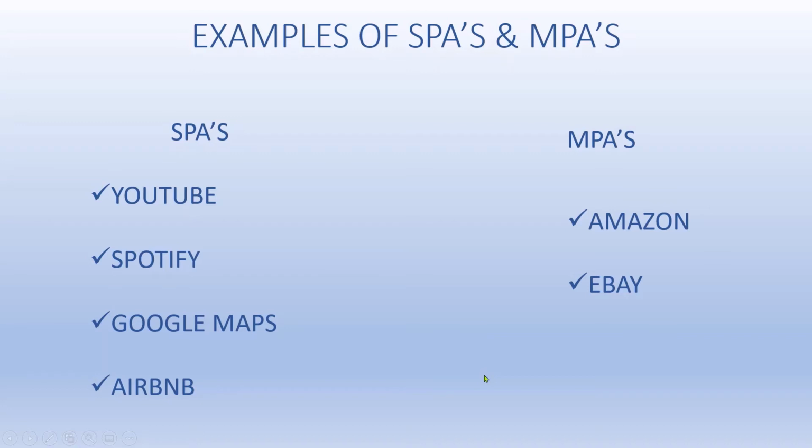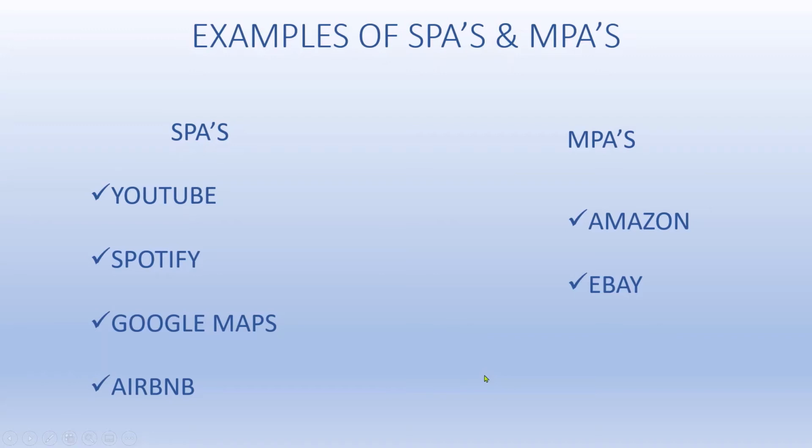Now, one may ask, how do we decide whether to use a single-page application model or a multi-page application model? And that would depend on what we are building. So if we're building an application that has got categories and subcategories like Amazon does, then we would do well to go with a multi-page application.